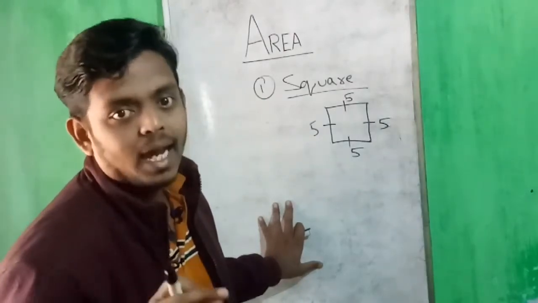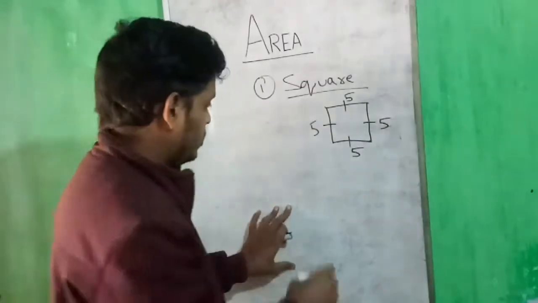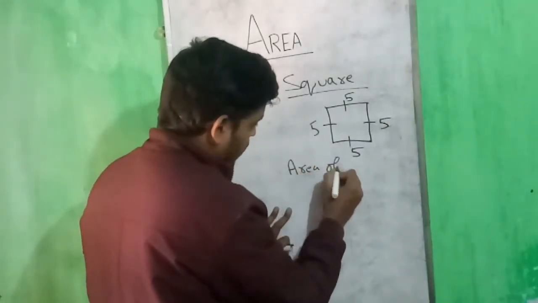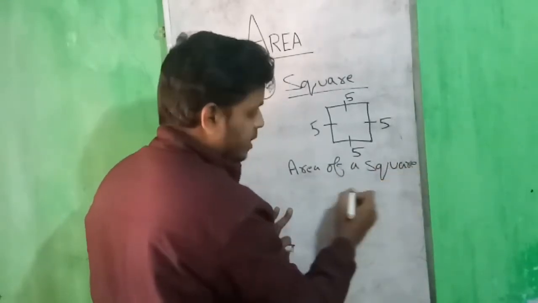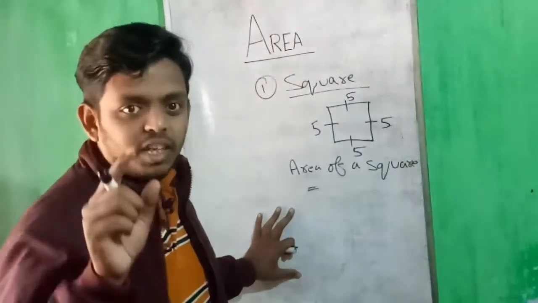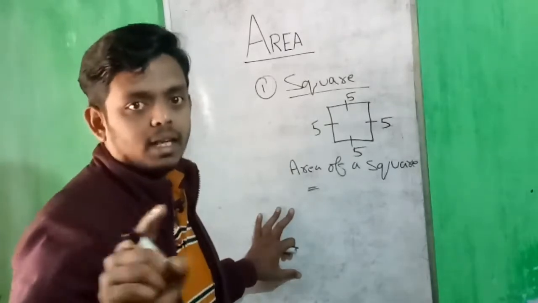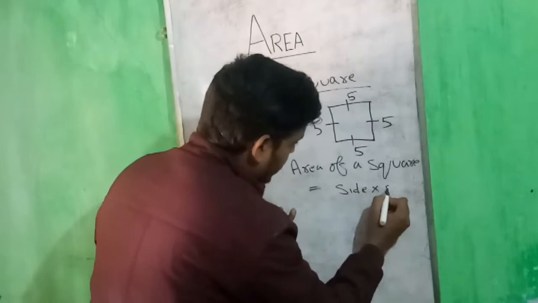And if I ask you to find the area of a square, how will you do it? The area of a square, there is a formula which you should remember. The area of a square is nothing but side into side.